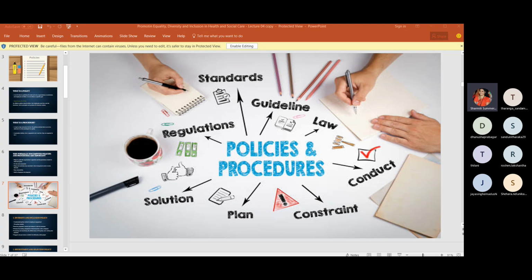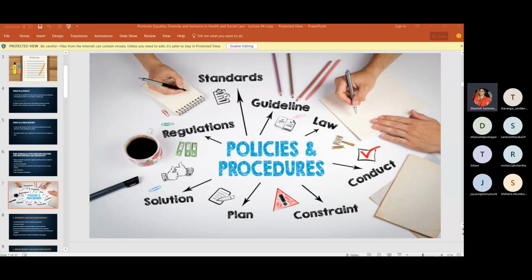So the first one is the diversity and inclusion policy, the fundamental policy critical to employee engagement. We already studied the importance of diversity and inclusion and its effects.